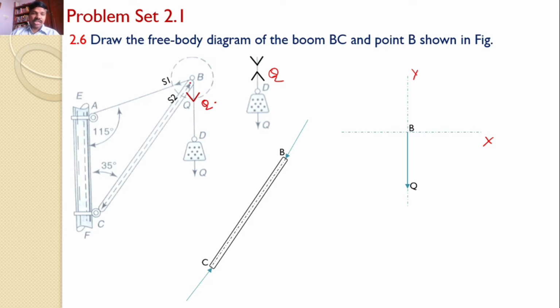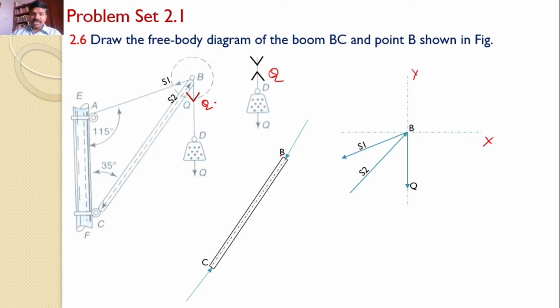The next one is the force in the string AB. It is along AB and it is away from point B, and the magnitude is S1. So away from point B, along AB, and the magnitude is S1. And the third force is along BC, but it is towards B, and magnitude is S2.